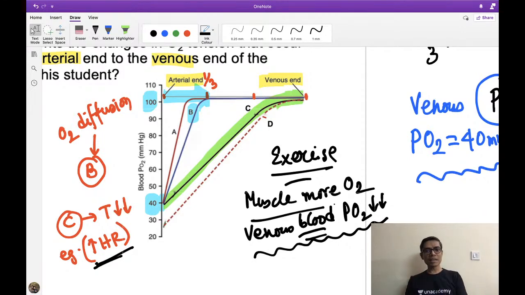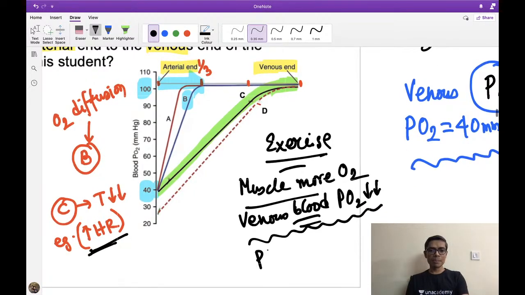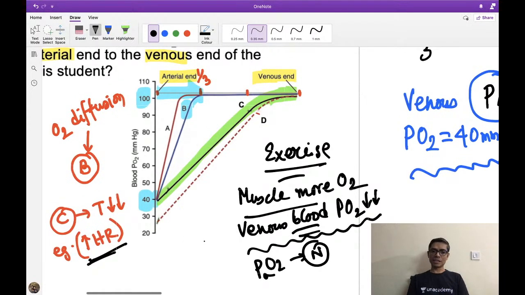That's why PO2 in the arterial blood will remain normal, but venous blood partial pressure of oxygen will be less. So only one curve I can find from here, where the venous blood partial pressure is less than normal. It is 40, it is less than that.